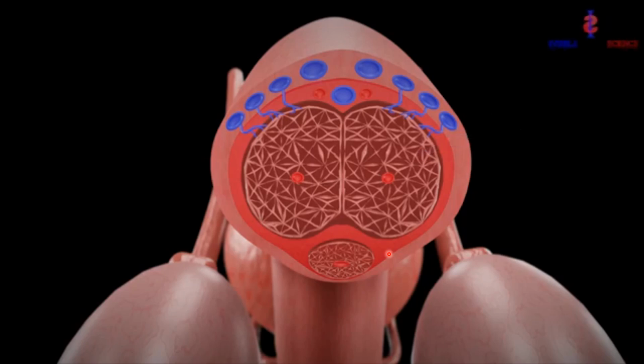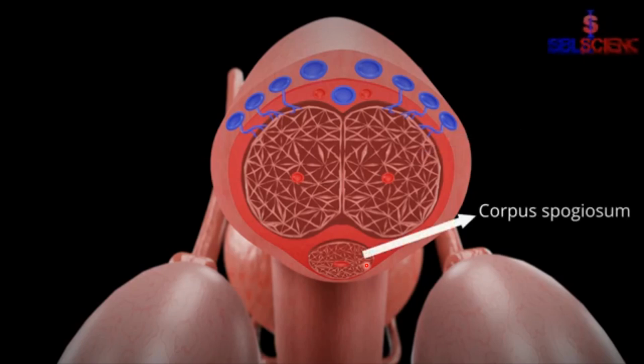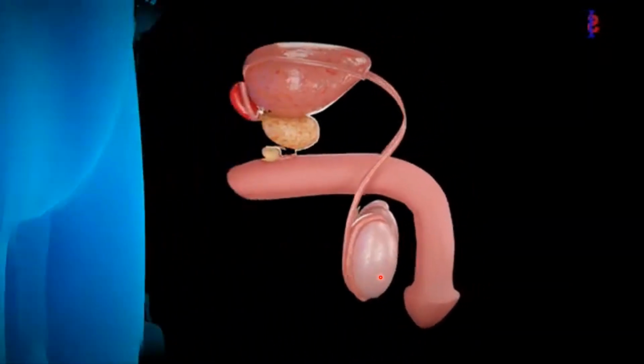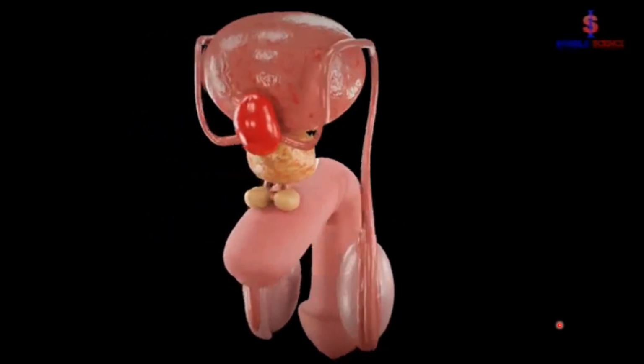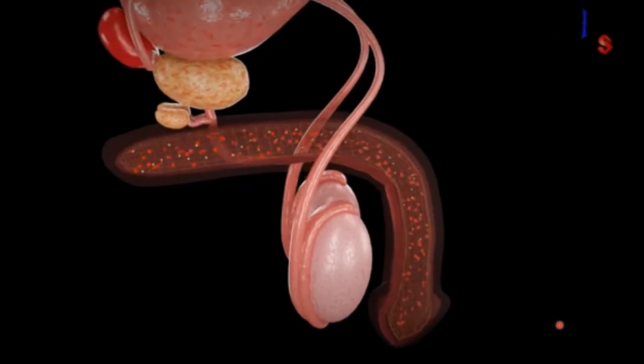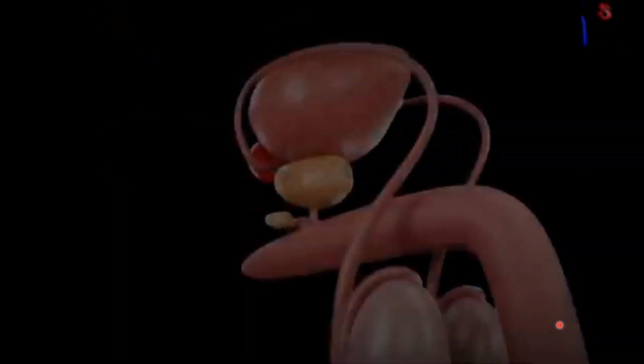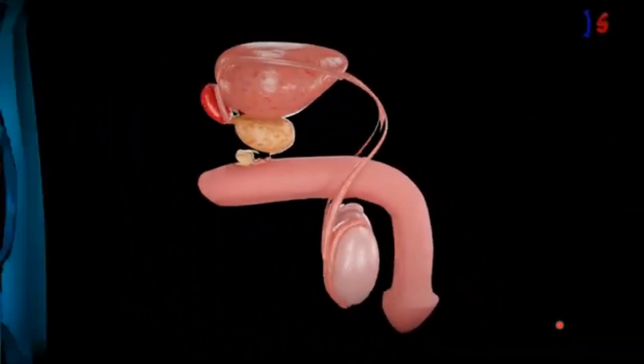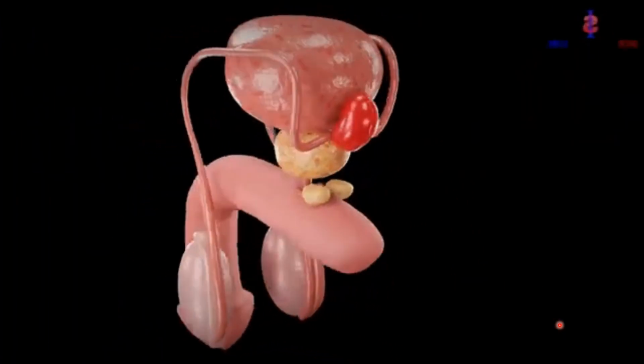At the bottommost part, there is a tube called corpus spongiosum, which contains the urethra from where urine and sperm are ejaculated. When the penis is not erect, at least a small amount of blood flows through the corpora cavernosa, and the veins on the upper part are opened and filled. At this time, the penis is soft and flexible.